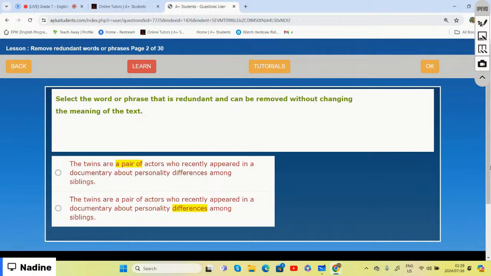It says the twins are a pair of actors who recently appeared in a documentary about personality differences among siblings. So, do we say a pair of or do we say differences?